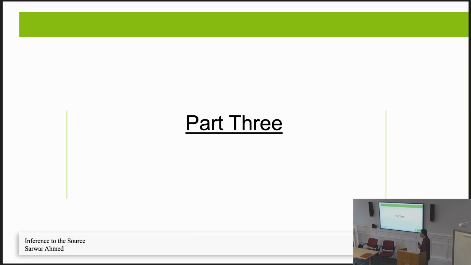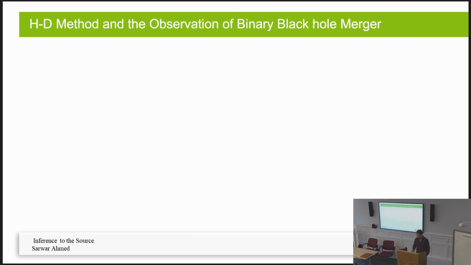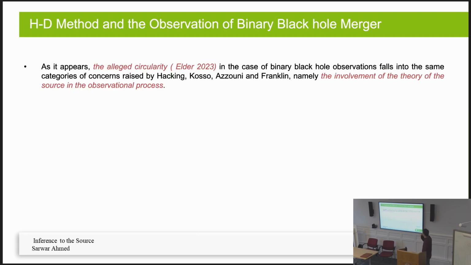So now I go back to the philosophy side of it. If you go back to the HD method, I think it might be clear now that this alleged circularity raised by Elder in the case of binary black hole observation falls into the same category of Hacking and the others: the involvement of the theory in the observational process.